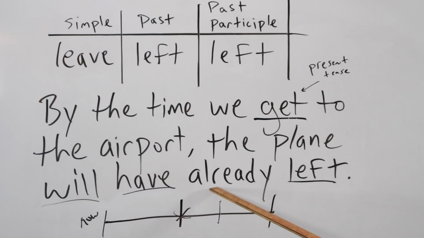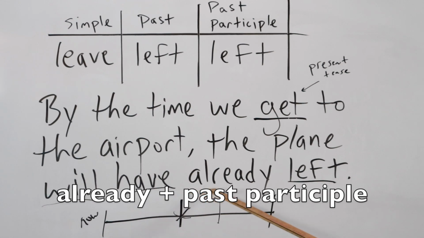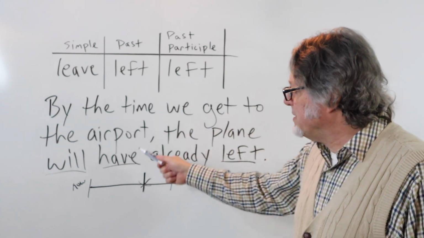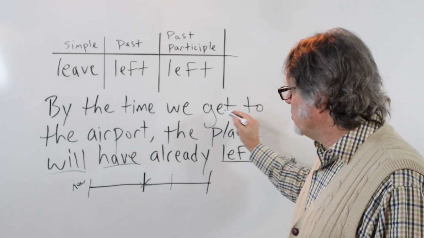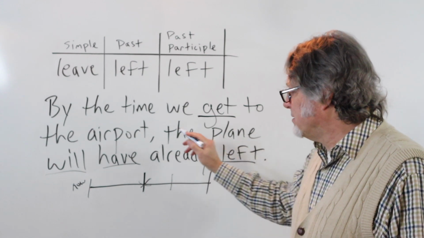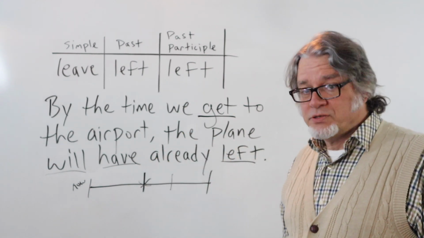Will have already left. You'll often see the use of the word already before the past participle. So both of these actions are finished in the future. We get to the airport and then the plane is gone.